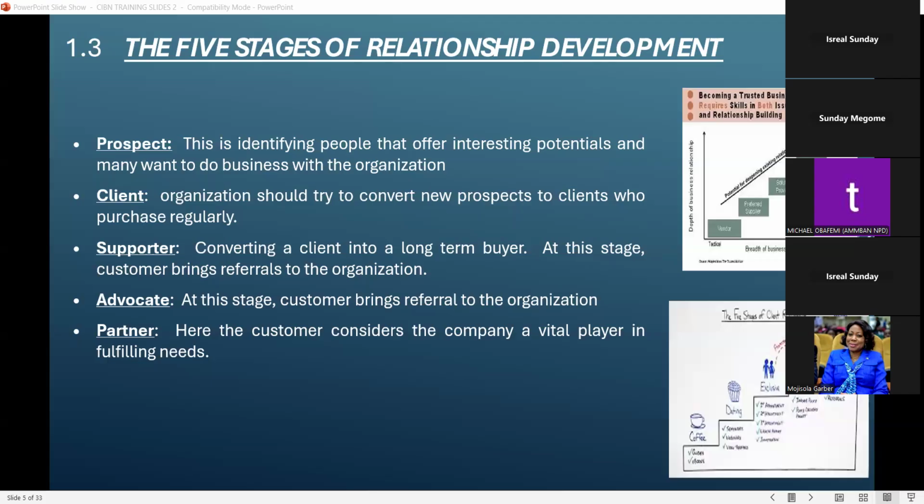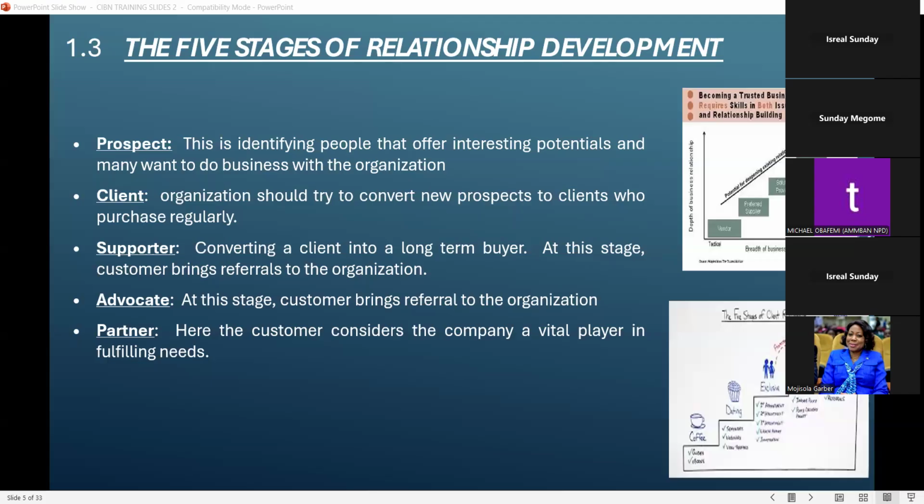And she will tell you, no, I don't have shares. Because the customer considers the company a vital player, you will see her tell somebody that even if you carry money there, even if they don't count it, anything they tell you is right. That means she's so loyal and she believes so much in the product or the company. So at that level, the person is already a partner.